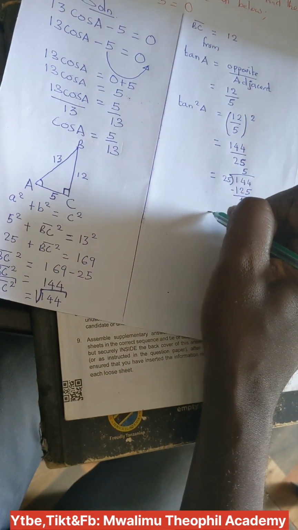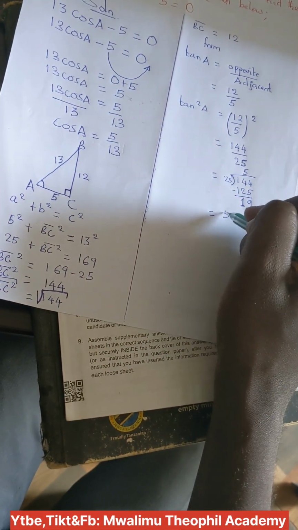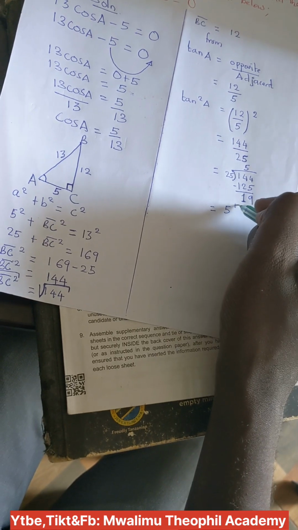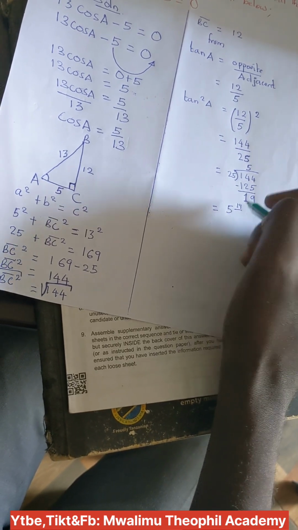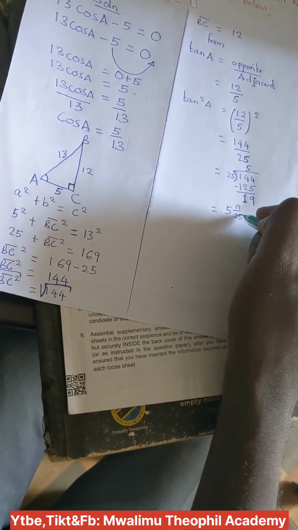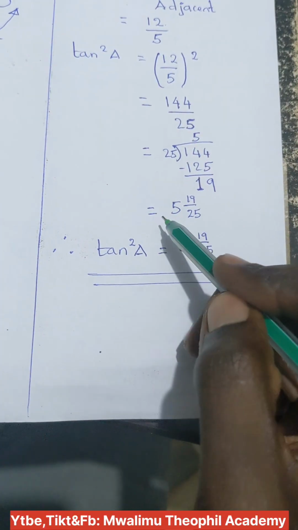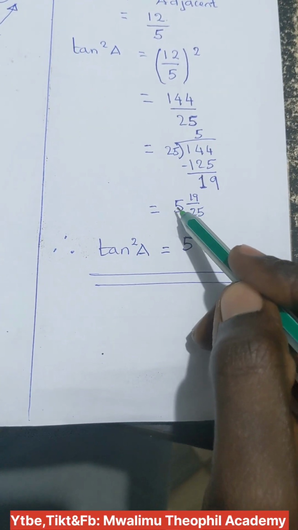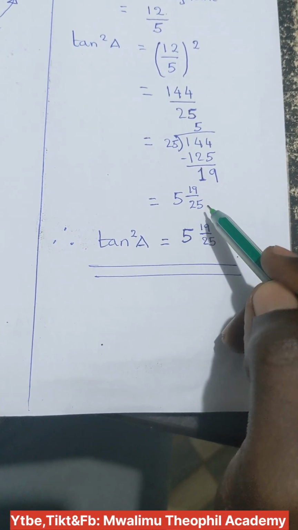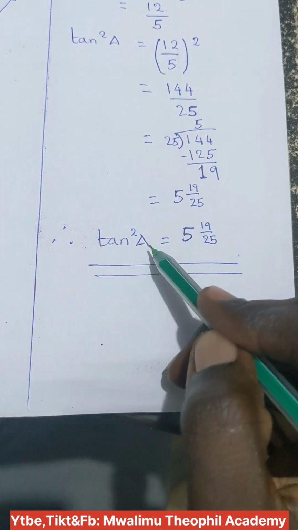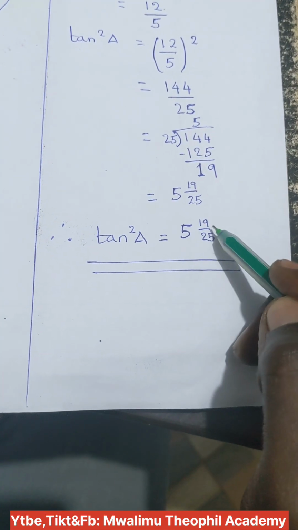Now the answer is going to be 5 and 19 divided by 25. This makes the final answer 5 and 19 divided by 25. Therefore, tan squared A is equal to 5 and 19 divided by 25.